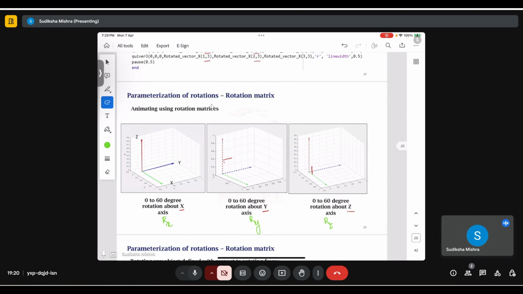In this case, the rotation is about x axis, so rx. In this case, the rotation is about y axis, so ry. In this case, the rotation is about z axis, so rz.